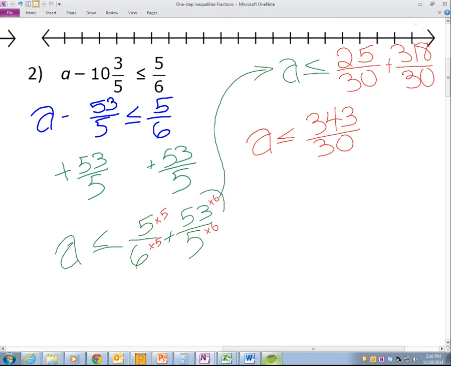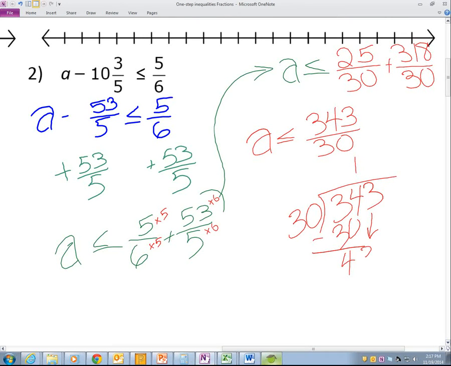In order to simplify that, it's 343 divided by 30, or 343 over 30. So I'm going to create that as a division problem. Yes, sir? You are correct. I'm going to show how Sam just got that. 30 into 34, bring down 3. 30 goes into 43 once.